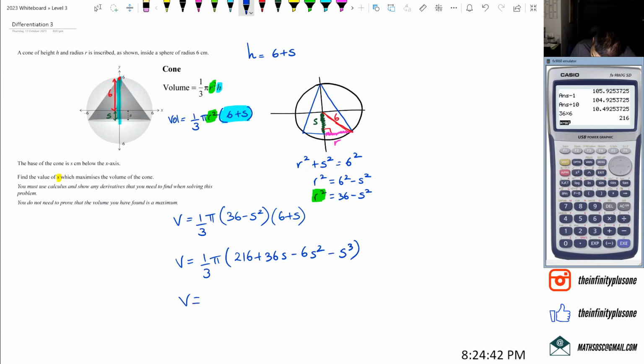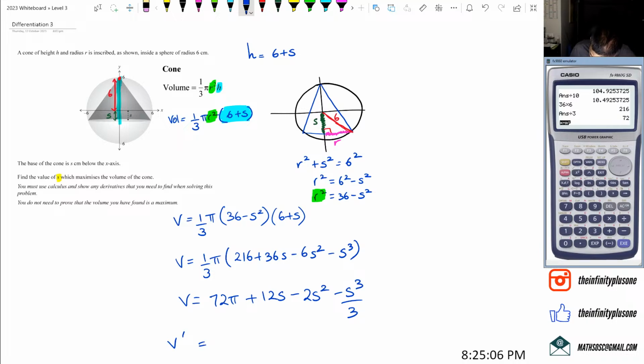Then volume is equal to 216 divided by 3, which is 72. So 72 pi plus 12s minus 2s squared minus s cubed over 3.